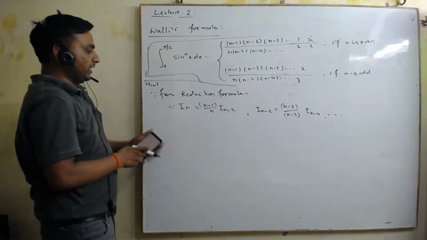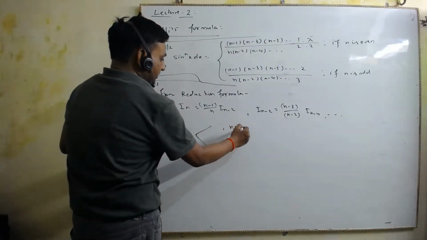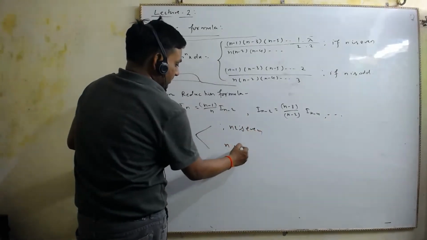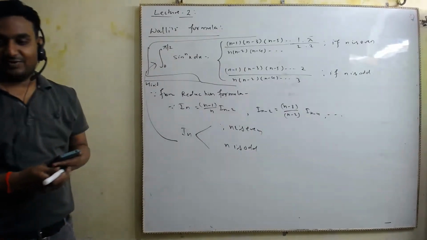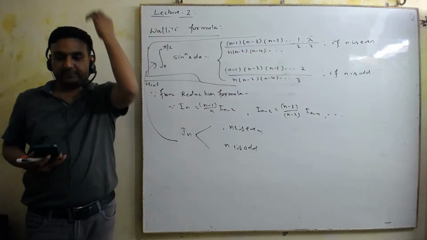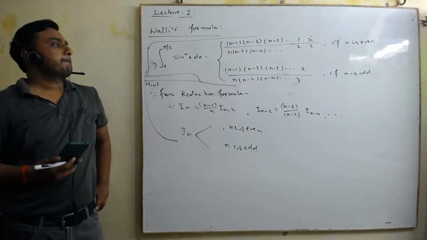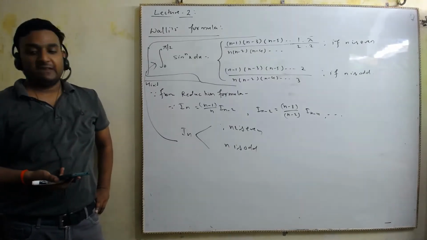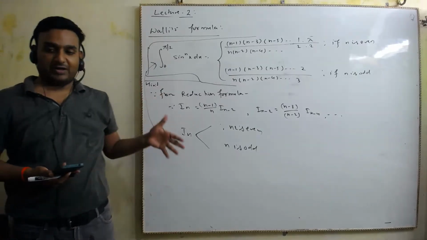So if you want to write In, when n is even, and when n is odd, you will get this relation. Okay, dear fellows. So Wallis formula is just a byproduct of reduction formulas.